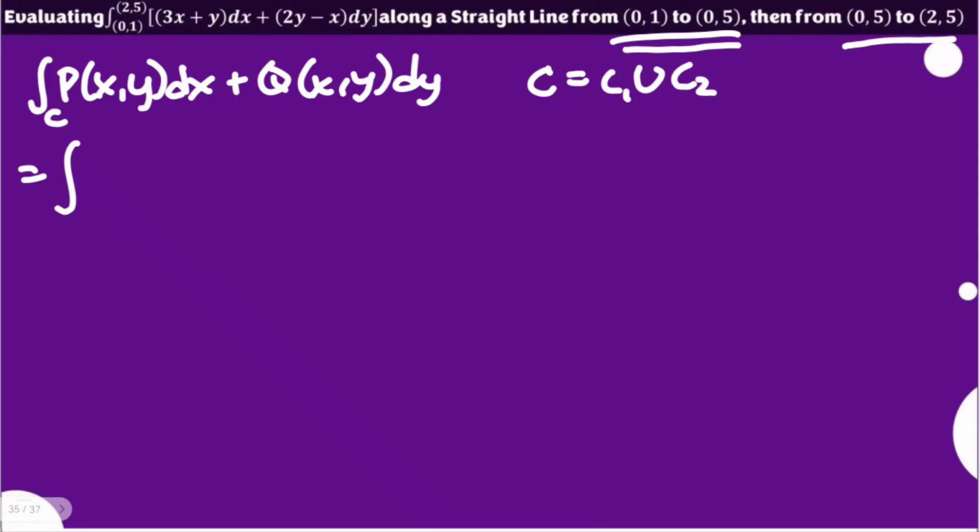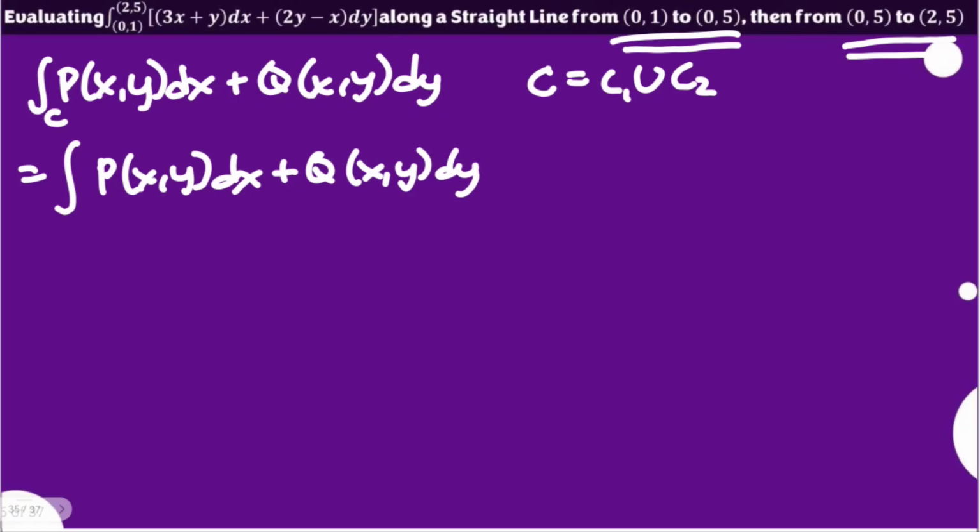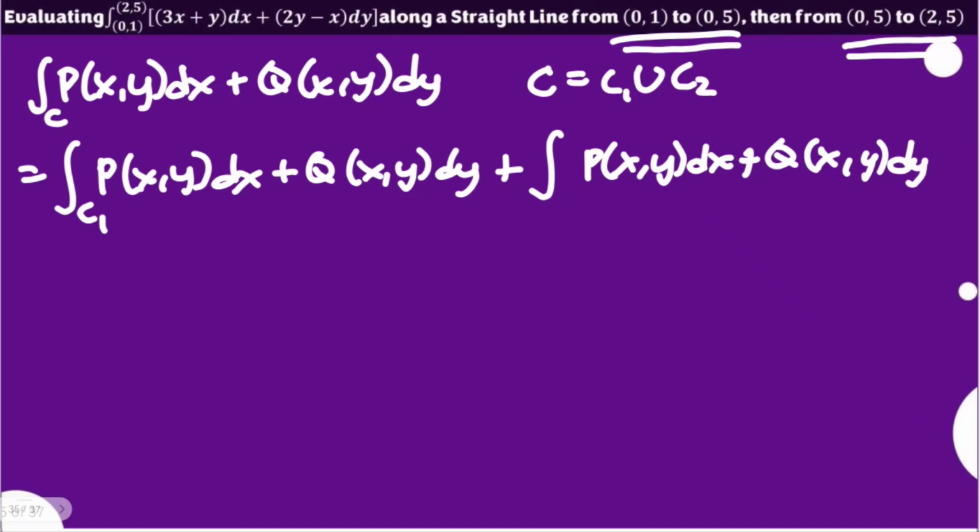Then your C sub 2 is from (0, 5) to (2, 5). So you will have here P(x,y) dx plus Q(x,y) dy for your first path, plus you will have here P(x,y) dx plus Q(x,y) dy for your second path. So we're going to compute the real integral of each.